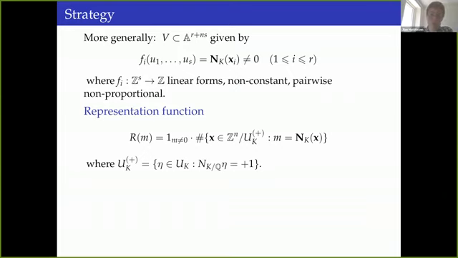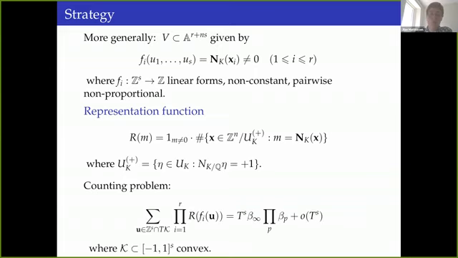So given such a counting function, the problem of analyzing the Hasse principle and weak approximation for varieties given by a system of equations like this, where the F_i now are linear forms that are pairwise non-proportional, is one that can be dealt with by proving asymptotic formulae for linear correlations that involve the representation function just introduced.